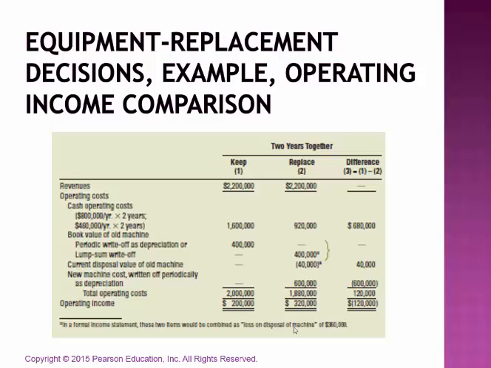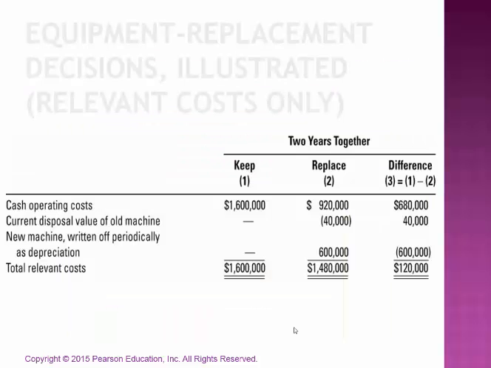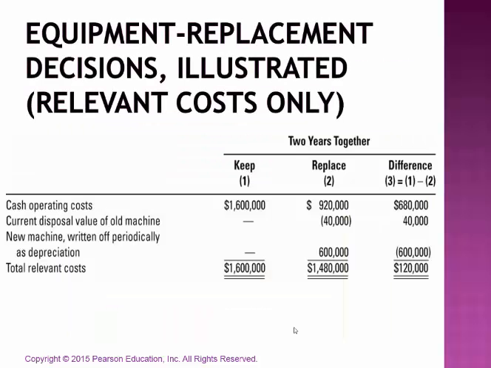The better way to look at it is to eliminate all of those irrelevant things, right? We don't need to have the revenue showing up. We don't need to show the remaining book value of the old piece of equipment. We don't need that. So just plot it out like this. If we keep it, our operating expenses are going to be $1.6 million.